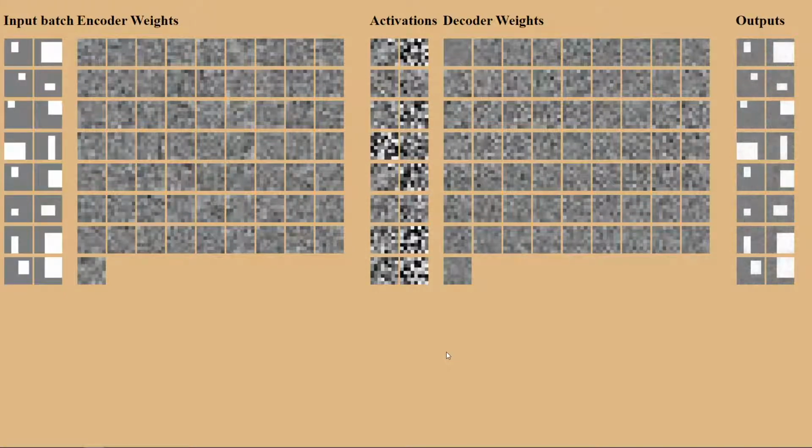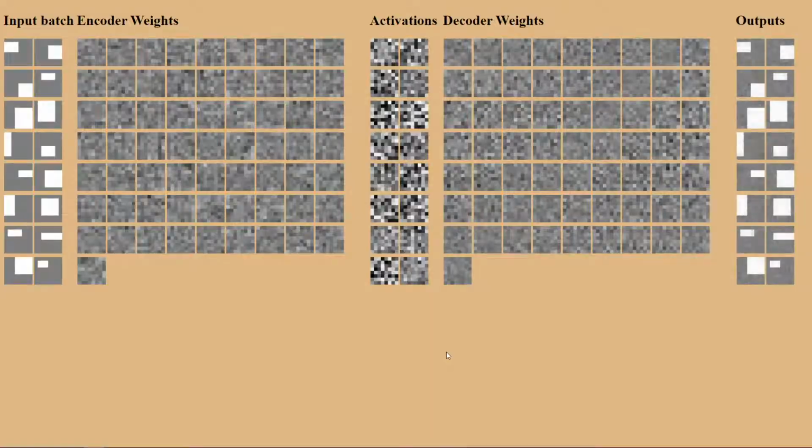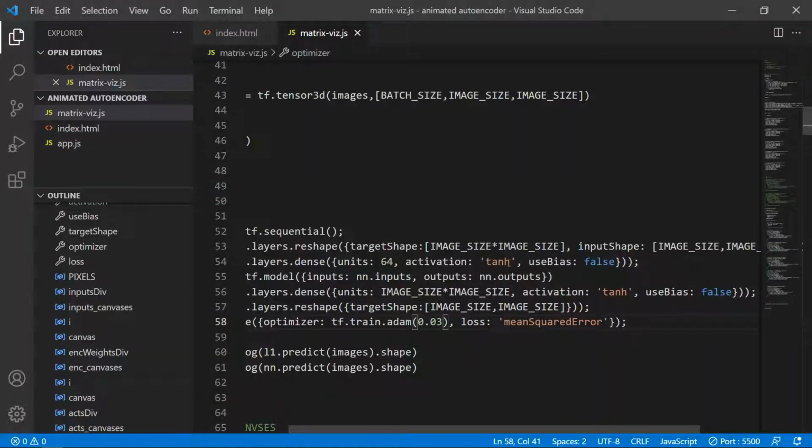What if I don't do tanh? What if I just say no activation? I think you can say none. Or linear. I think those are the same.